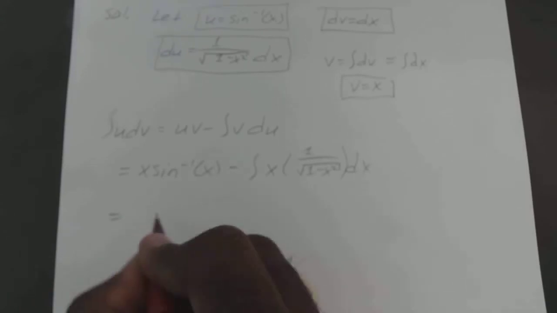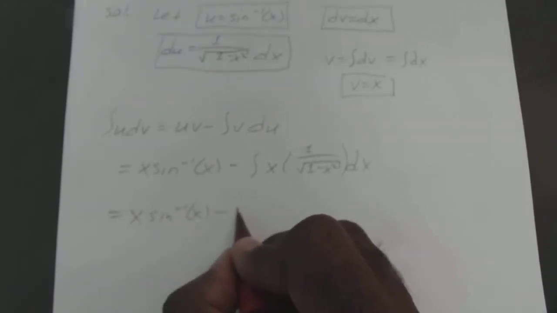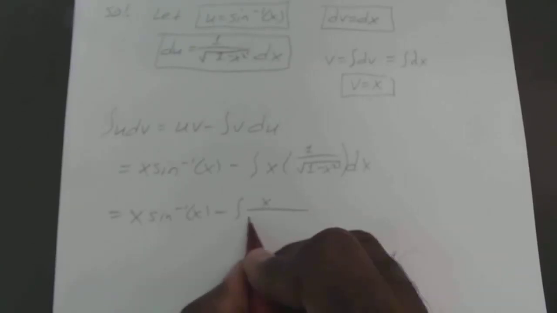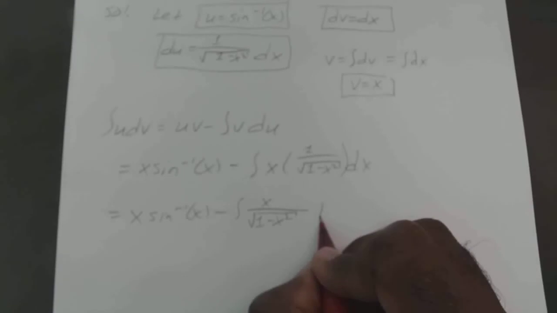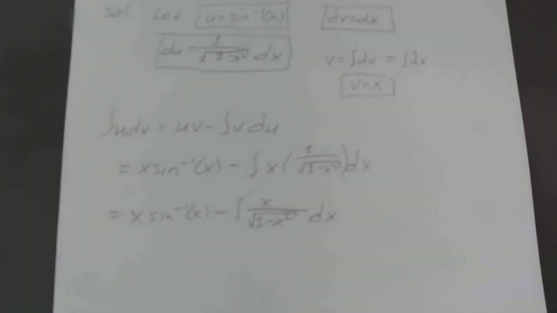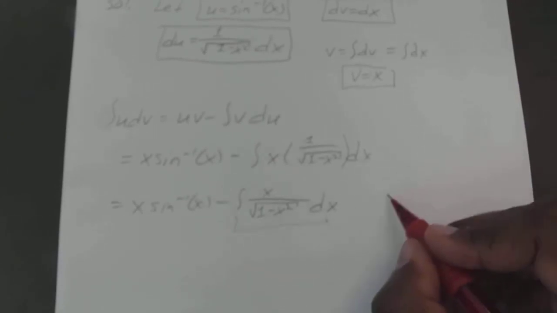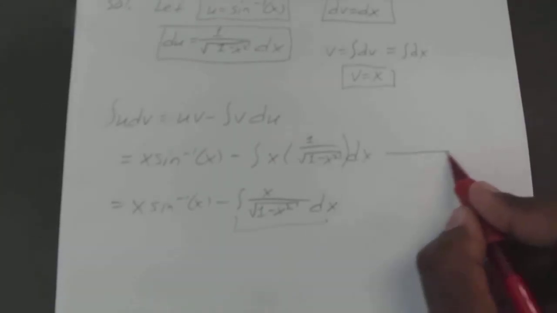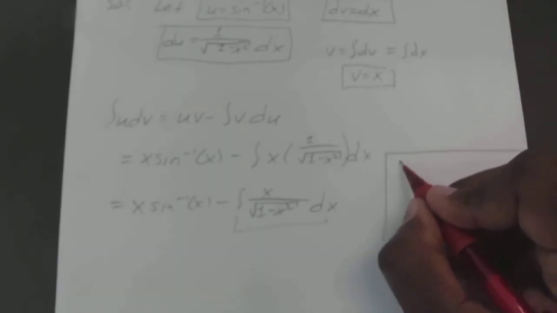Now, if you wanted to, you could just make it x over square root of 1 minus x squared. Now this one you can just solve using u substitution. So make a little side note for that one.